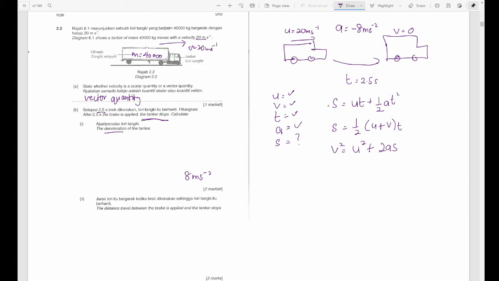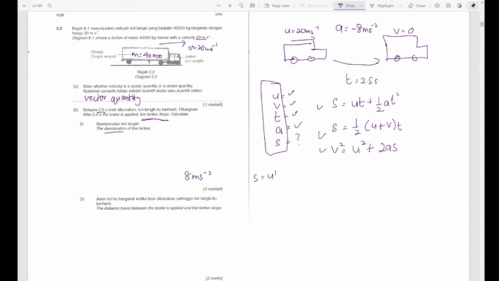So if you look carefully into these three formulas, all of them have all of these variables in it. So that means we can use either one of them. Okay, let's say you want to use the first one. I will show you how we can use all three of them to find the answer for question 2. Okay, let's try the first one.